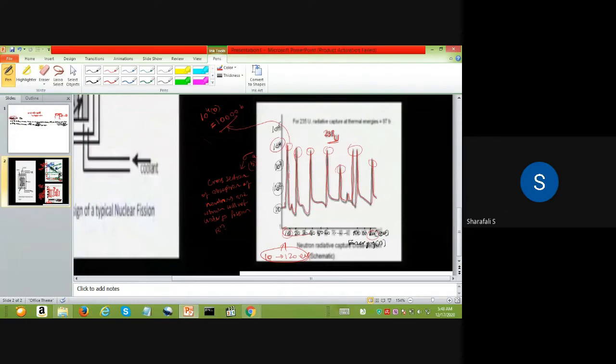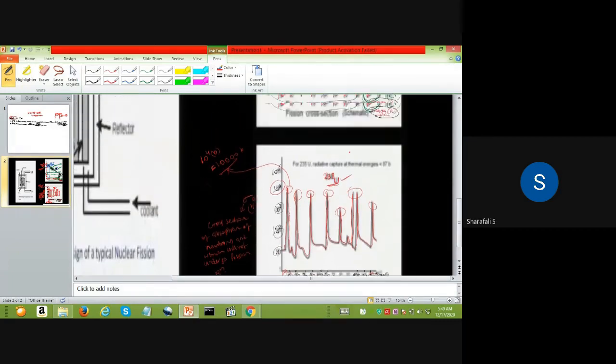So in this region, when the neutron energy is very small, not in the mega electron volt range, there is a high absorption cross section for uranium 238, which means the absorption probability is very high. But from the previous curve, we can see that the fission cross section for uranium 238 in this range is almost zero.